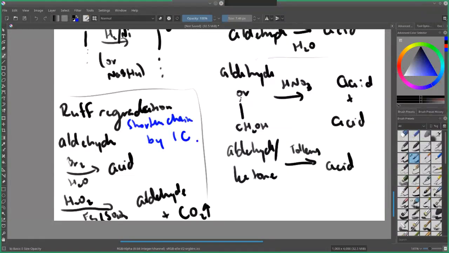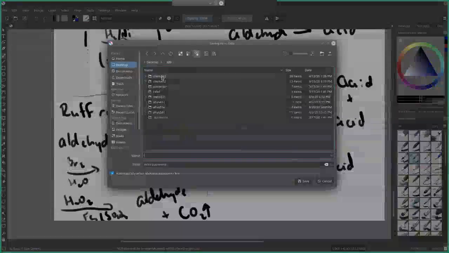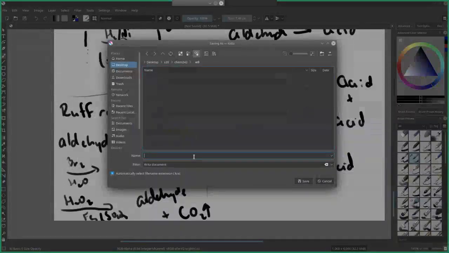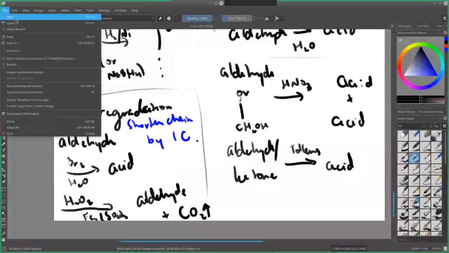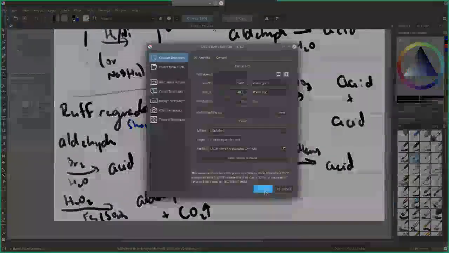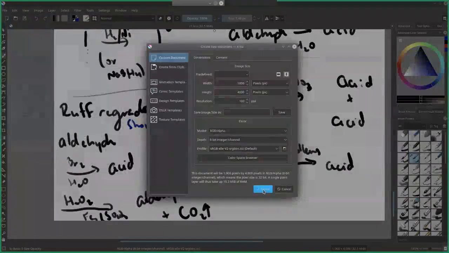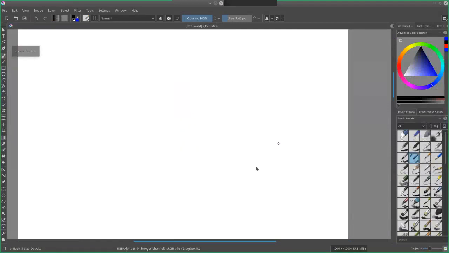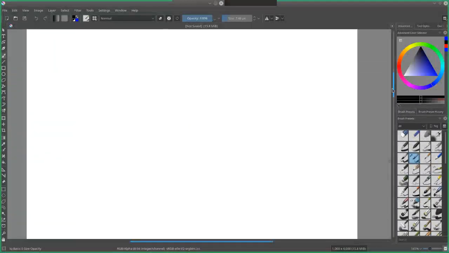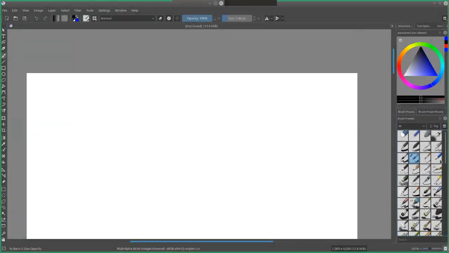Let me save what I have. And I'll make a new document. Does anybody have any general questions as we go on? Okay, I'm gonna copy and paste the first problem on.